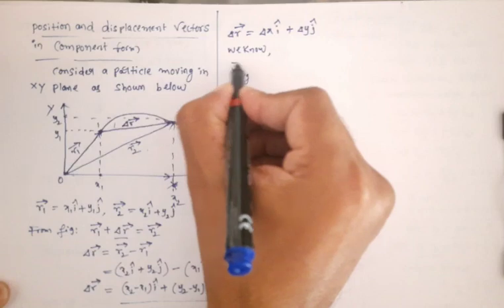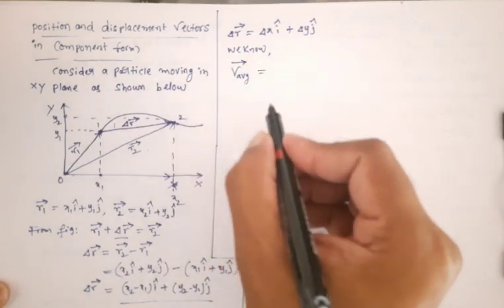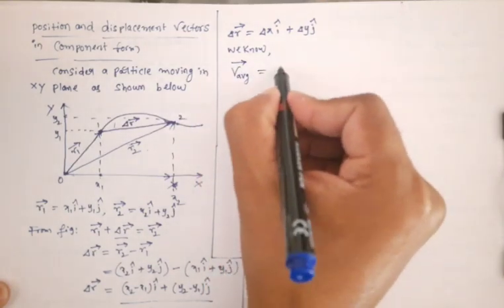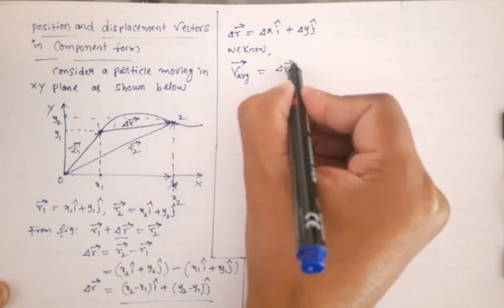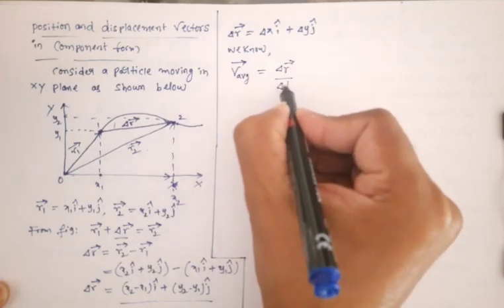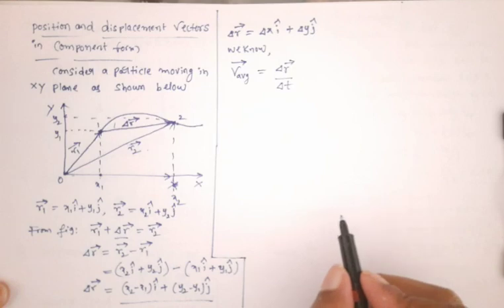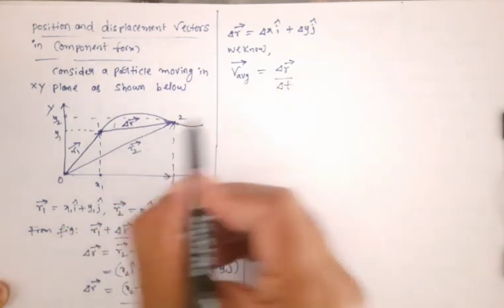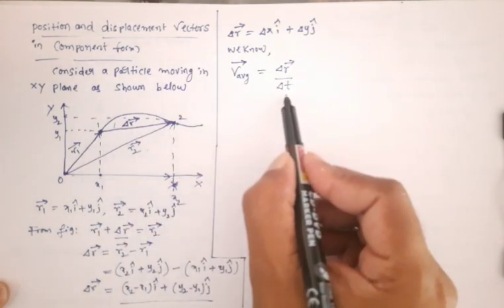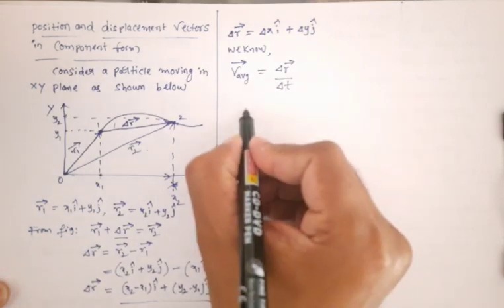V average, I am writing in vector notation, stands for average velocity. How do we write it? Displacement divided by time taken. The displacement vector is delta r bar and the time taken is delta t. Now what is delta r bar, guys?